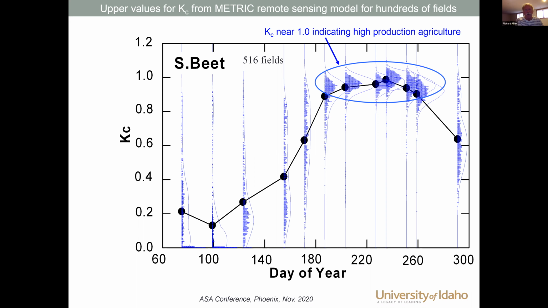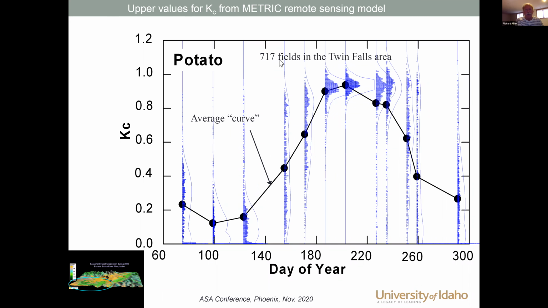We can shift over to potato fields, in this case about 700, again in the Twin Falls, Idaho area. And during mid-season, again, these potatoes reached about 0.9 to 0.95. And as we talked about, because many potato varieties have a stomatal conductance that's a little bit lower than that of alfalfa, they don't quite attain a Kc of 1.